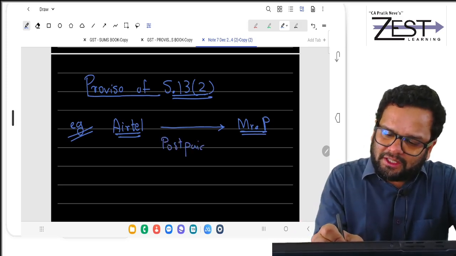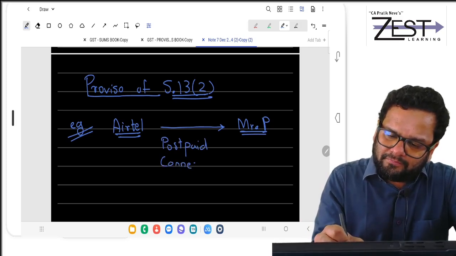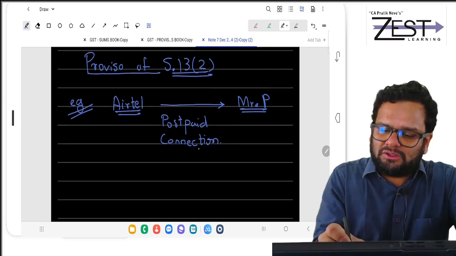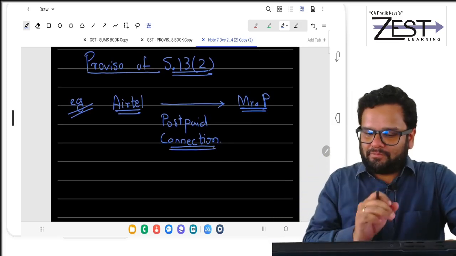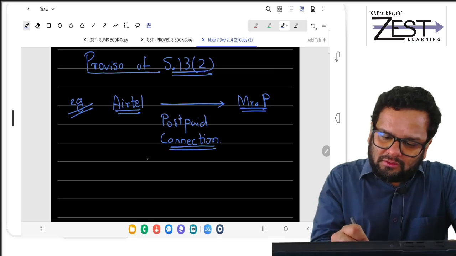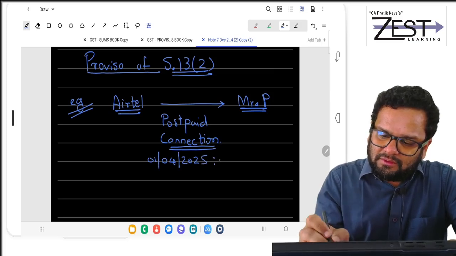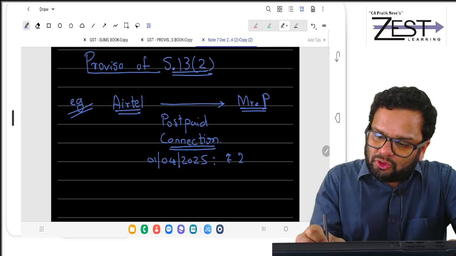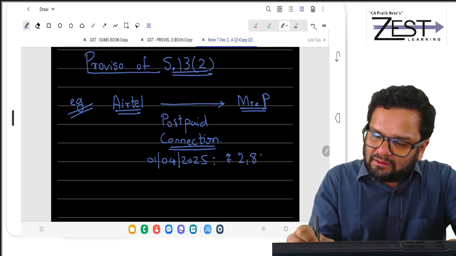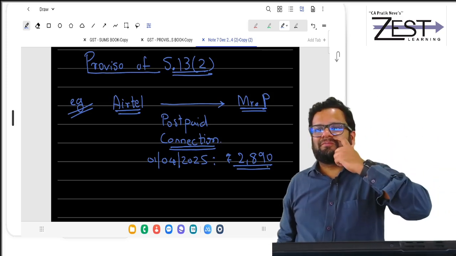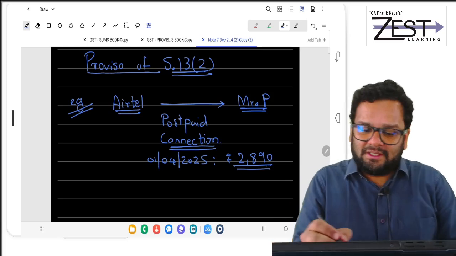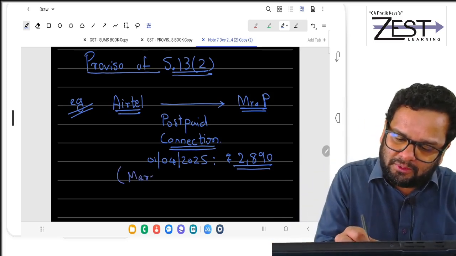So for the postpaid connection, they made a bill on me, say on 1st of April 2025, of 2,890 rupees. Say they are very effective. This is the bill for the month of March.